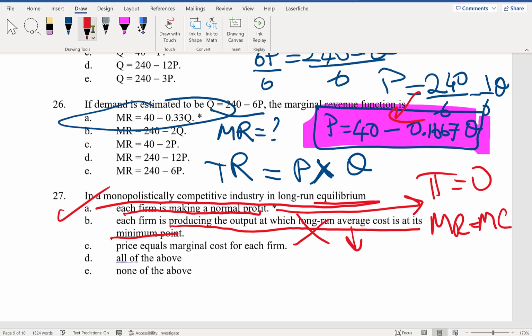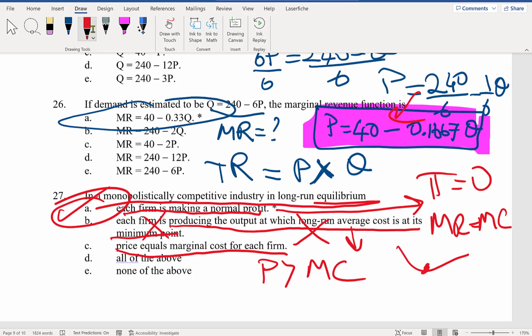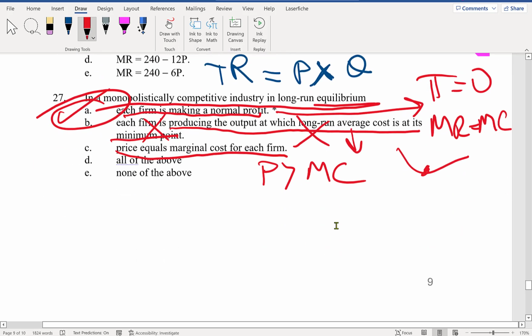Also, you don't have to be at the lowest point of average cost. We talked about this before, so this is wrong. Price equals marginal cost for each firm. This is not correct. Price is usually greater than marginal cost. So the correct answer is A here.